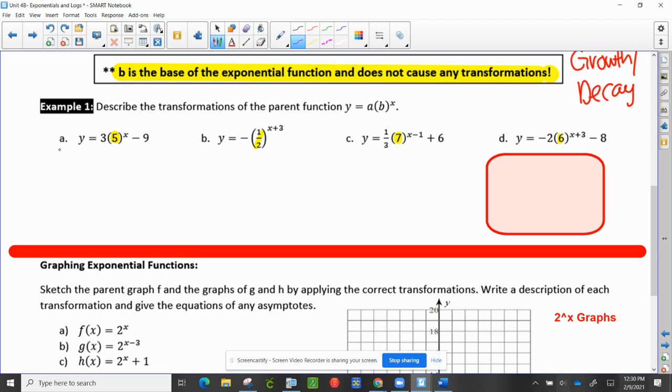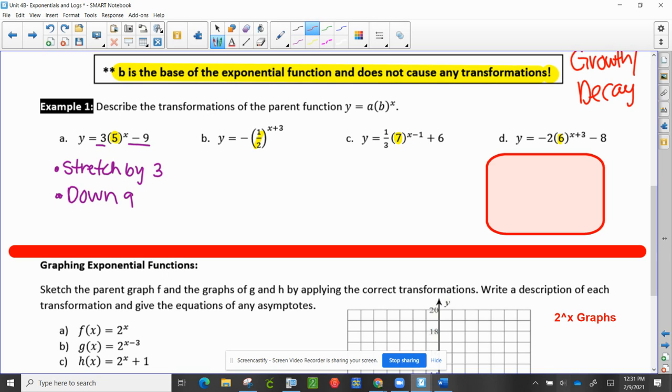So in A here, the 3 is going to give us a transformation, and the -9 on the outside will give us a transformation. If there's a 3 in front, that's going to stretch our graph. There's nothing in the exponent spot, so no left or right shifts, but a -9 outside the function is a vertical shift, and minus would move the graph down, going down by 9.